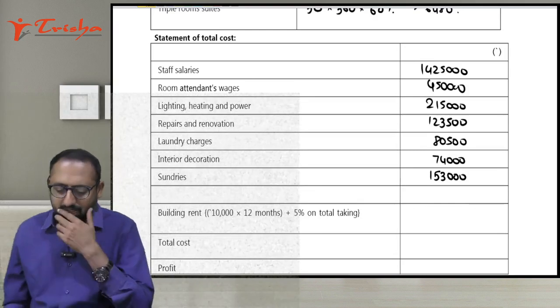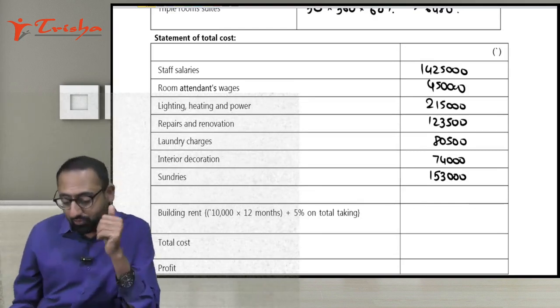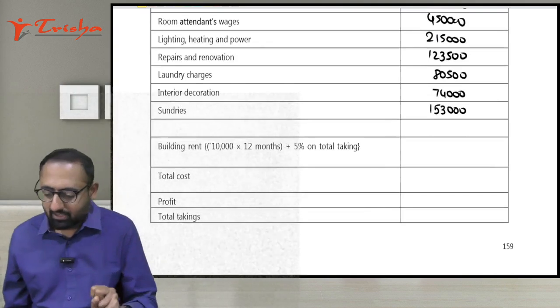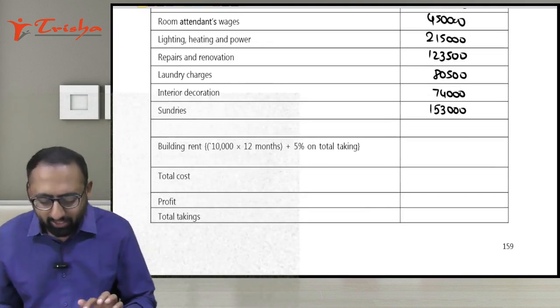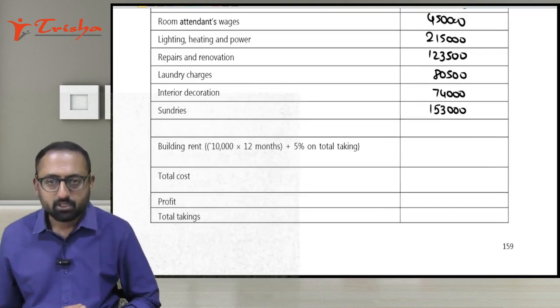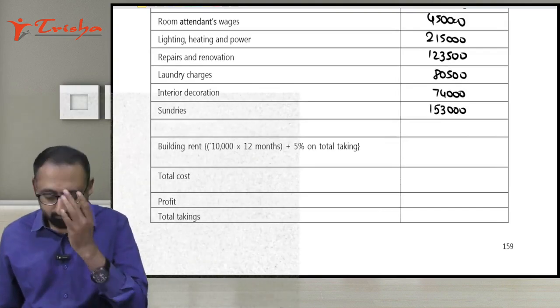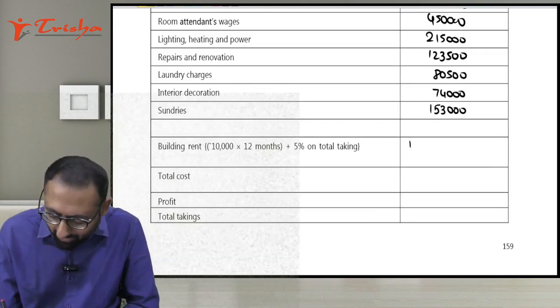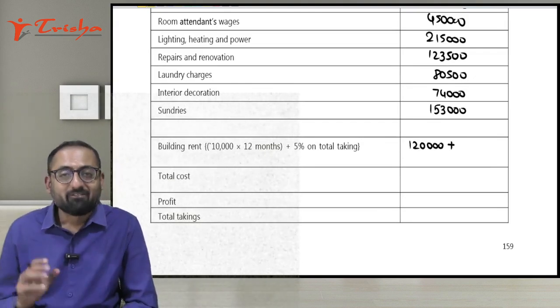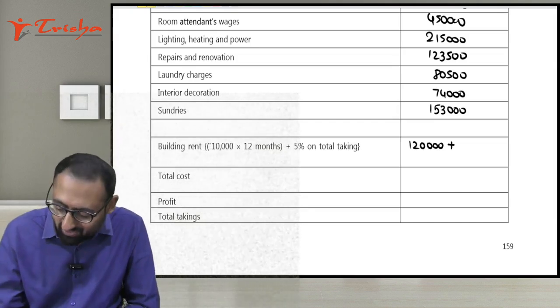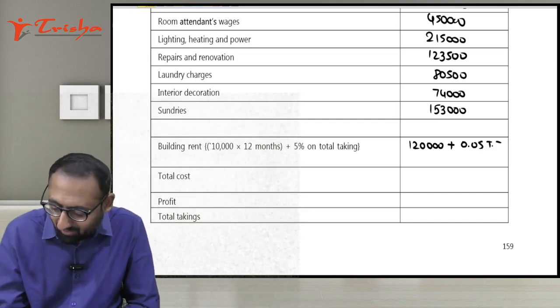Plus, rent we also need to calculate. Rent is 10,000 per month, so 1,20,000, plus what is the agreement between us: 5% of total taking, so 0.05 of total taking is also rent.